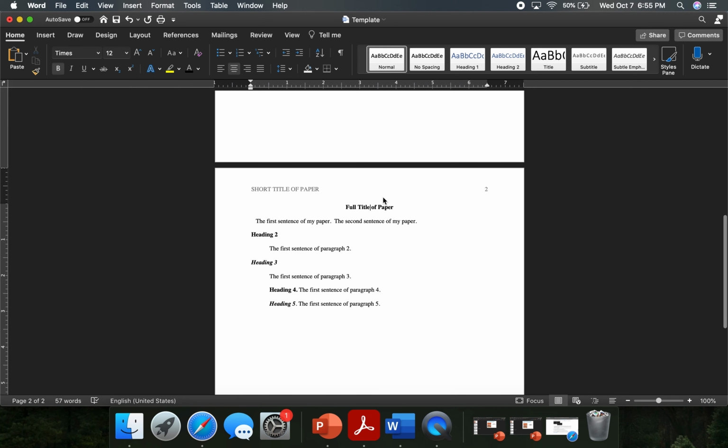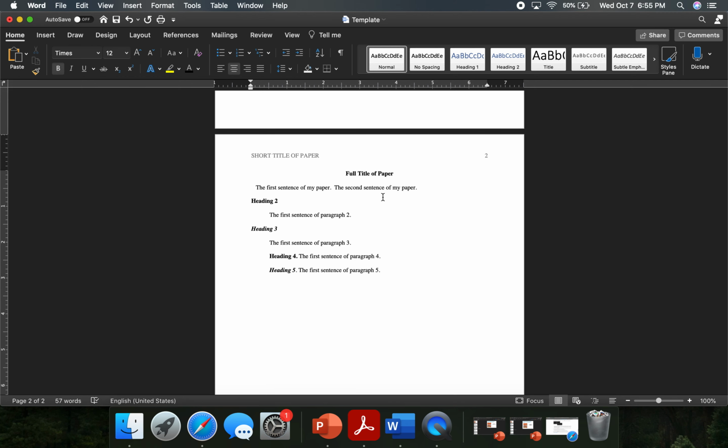The other thing I saw was some people put 2 spaces between sentences. Typically you want just 1 space between sentences in APA. When I searched on this, you can have 2, but overall the consensus is pretty much 1.